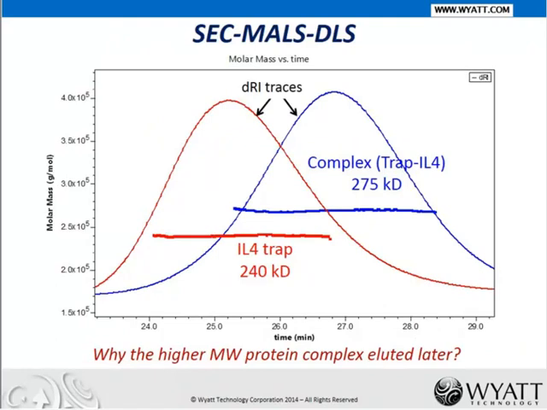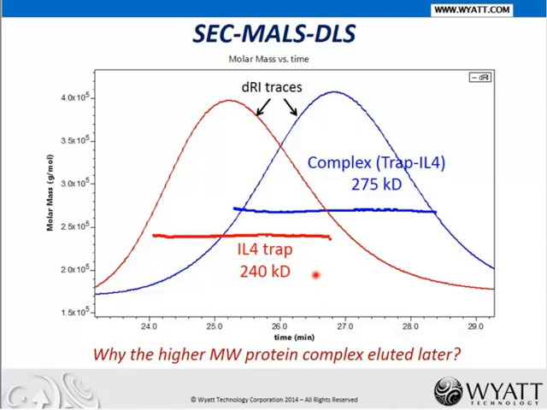Now, if we add dynamic light scattering to the SEC-MALS setup, then we can also get information on the shape. Here are some examples of interleukins. Interleukins are very important for the proper function of our immune system. Some interleukins are also used as adjuvants. We have one protein in red.